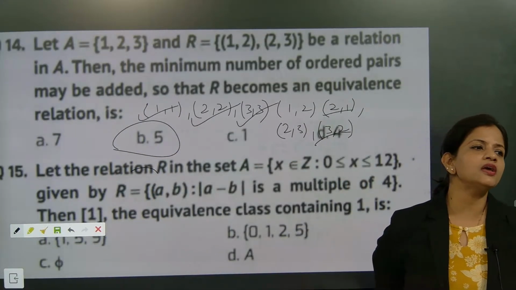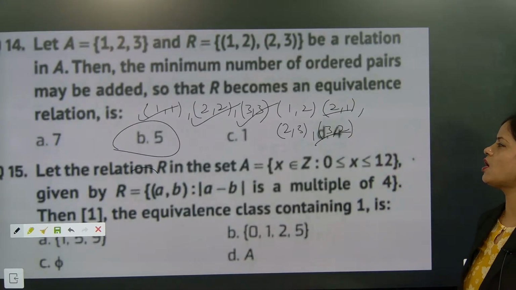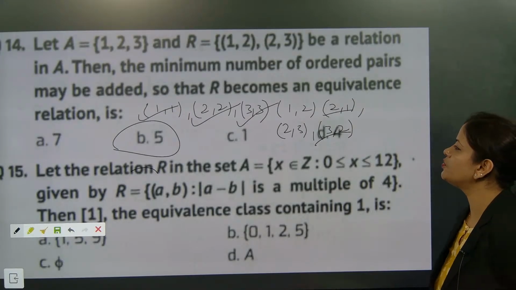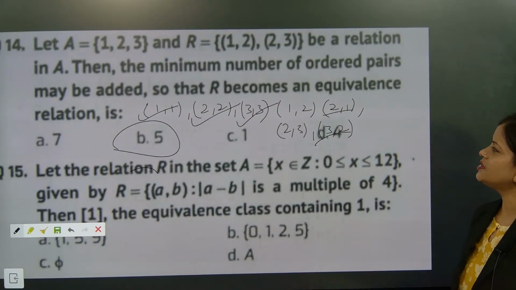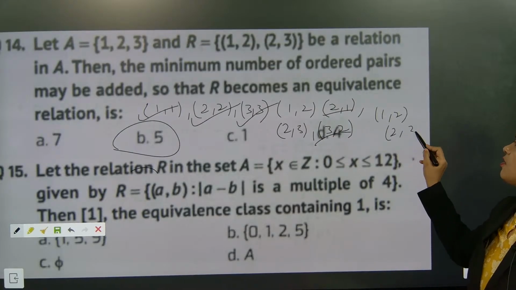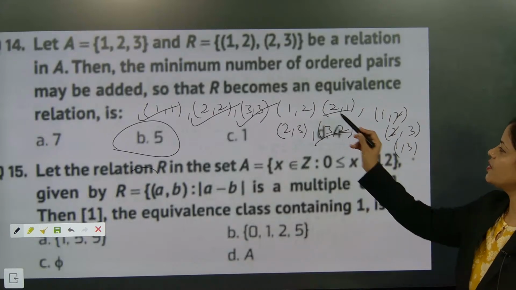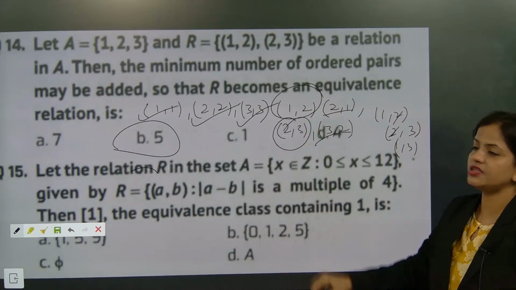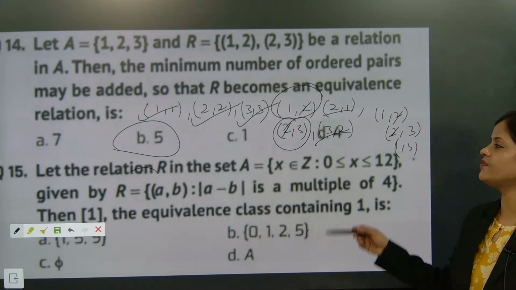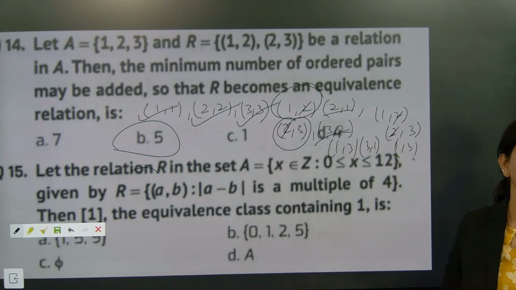It is not going to be an equivalence, because here, can you check, (1, 2) is there, (2, 1) is there, and (1, 1) was missing, so we added (1, 1). (2, 3), (3, 2), (2, 2). Now (2, 3), see here, (1, 2) is there and (2, 3) is there, so if we cancel the 2, (1, 3) must be there, then only it will be transitive. So if you are adding (1, 3), then (3, 1) also you have to add, then only it will become symmetric.